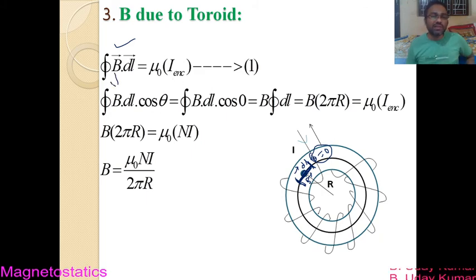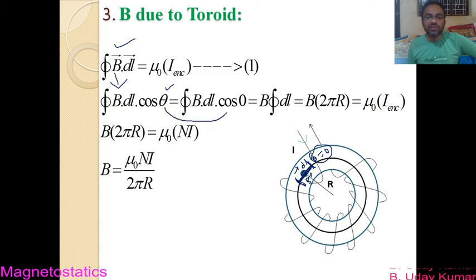So on expanding this equation, I can write the integral of B dot dl as the integral of B dl cos theta, where theta is the angle between B and dl. And I can write this as the integral of B dl cos 0, because as I already told you, the value of theta, which is the angle between B and dl, is 0 here.